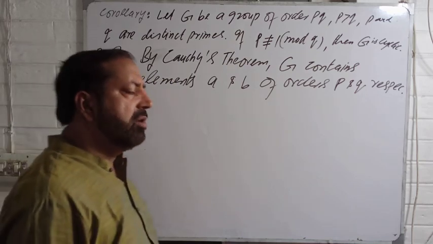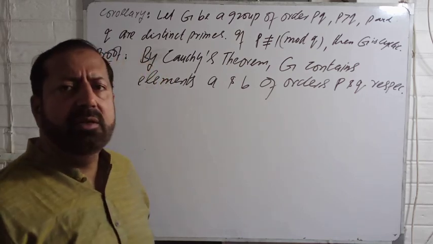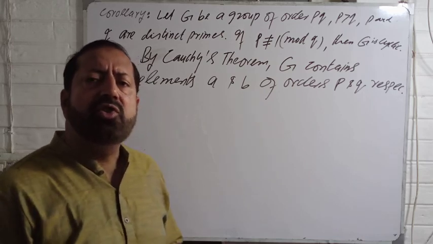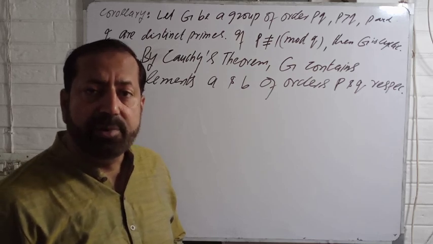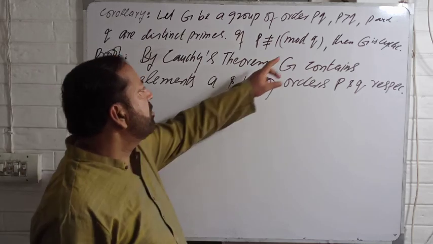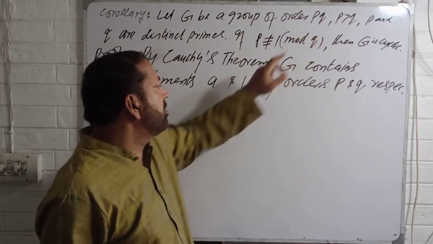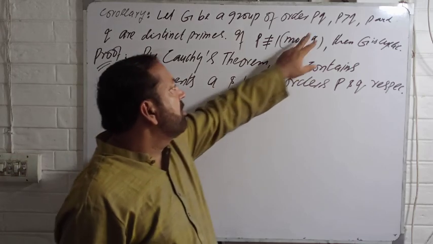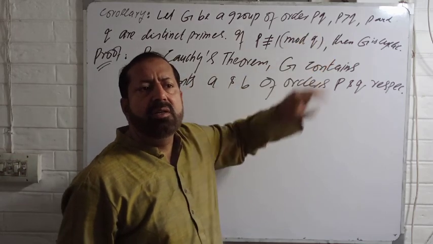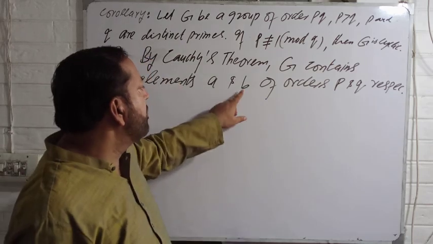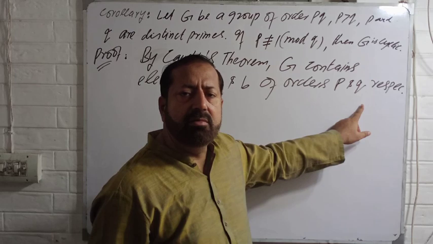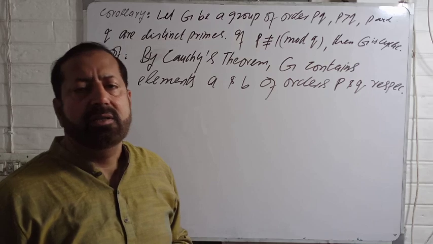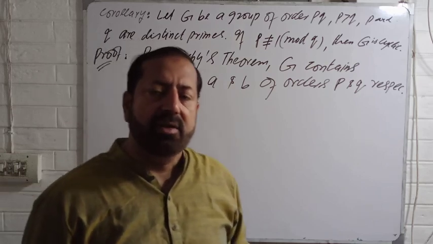Right? You know that Cauchy's theorem says that if P is a divisor of the order of a finite group G, whether it is abelian or non-abelian, then G contains an element of order P, right? And since P is a divisor of PQ, there must be an element A of order P. And since Q is also a divisor of PQ, there must be an element B of order Q. So you have supposed that A is an element of order P and B is an element of order Q respectively, right?